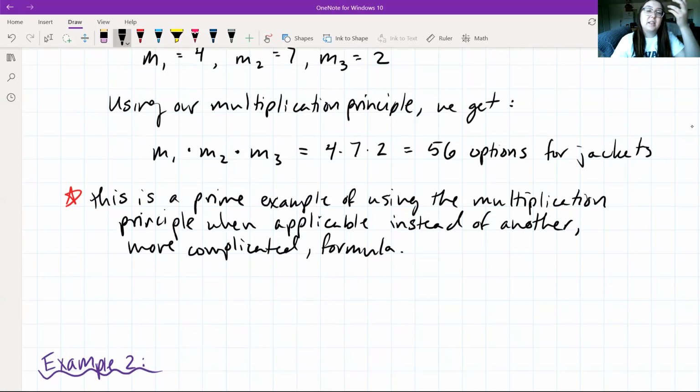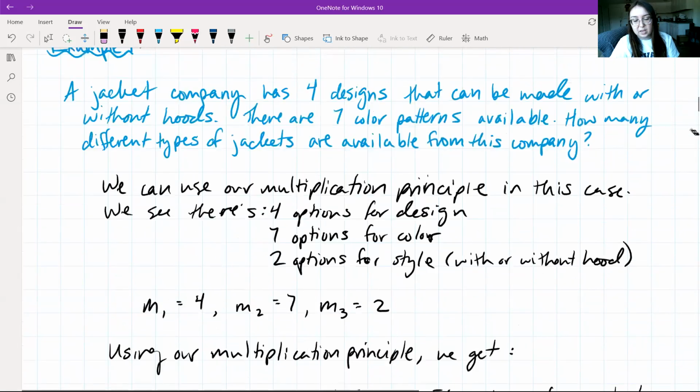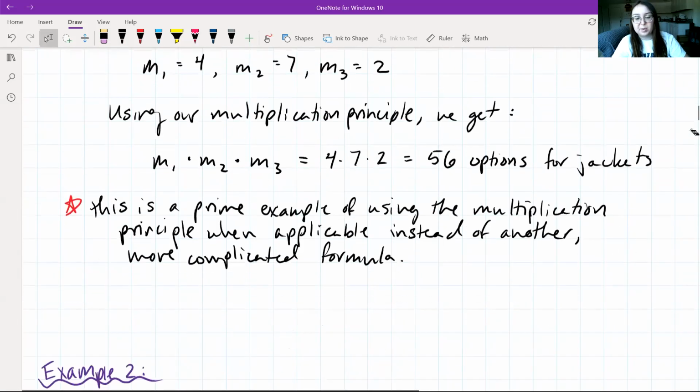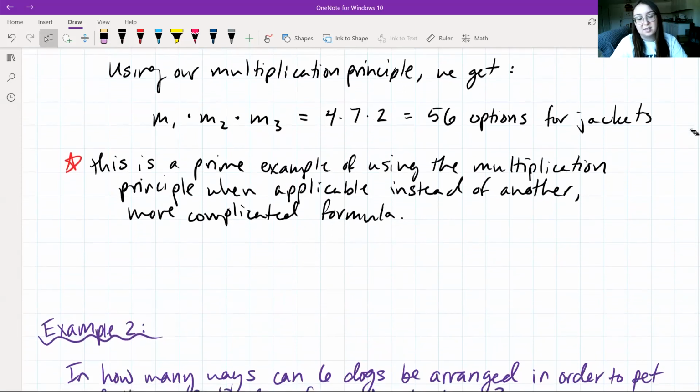So you're going to see that in cases where you can just use the multiplication principle instead of using a more complicated formula, it's always wise to do so. There's probably different ways that we can calculate this value, but the multiplication principle is going to be the easiest.